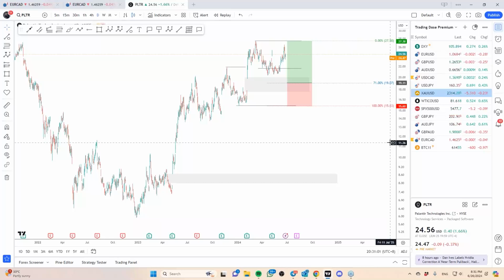Stock market is not 24 hours, so sometimes you may not be able to execute your trade as efficiently. But on a technical chart perspective, the stock market is technically going to be easier.